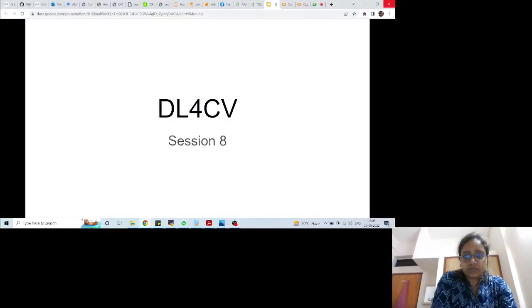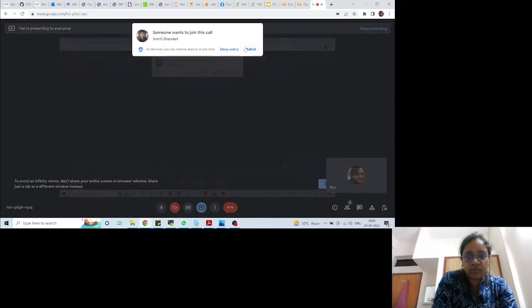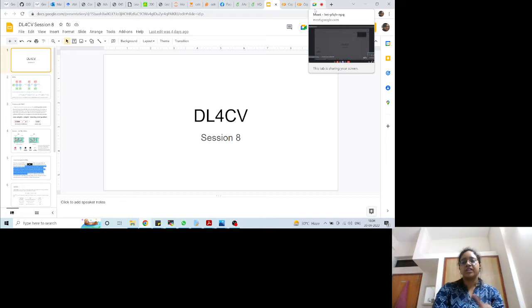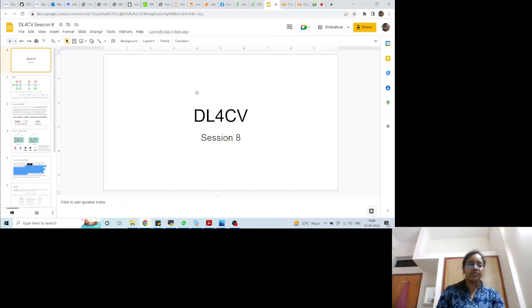Yes, text is sequential in nature. Correct. Text has this temporal aspect which images don't have. We have seen that a CNN works comfortably on images and takes into consideration local relationships. Text is a little bit different.